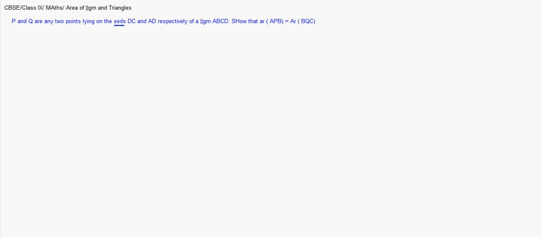We have to draw a parallelogram which is A, B, C and D. P and Q are any points lying on the side CD and AD respectively.